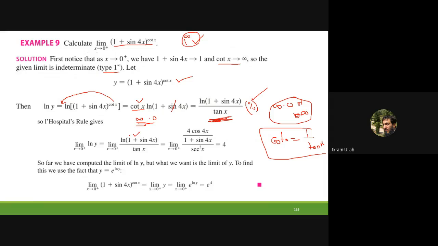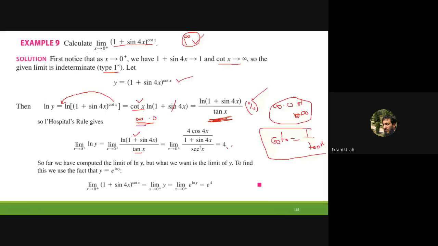And the derivative of tangent, we know, is secant squared x. So this is 4, because cos 0 is 1 and sine 0 is 0, so 1 by 1, and secant of 0 is equal to 1, so 4 divided by 1 is equal to 4. So this is the finite value of the limit.